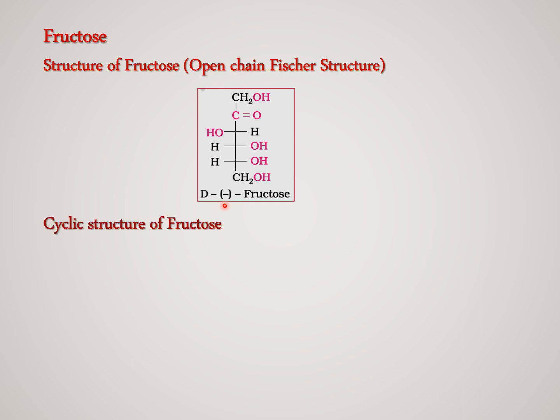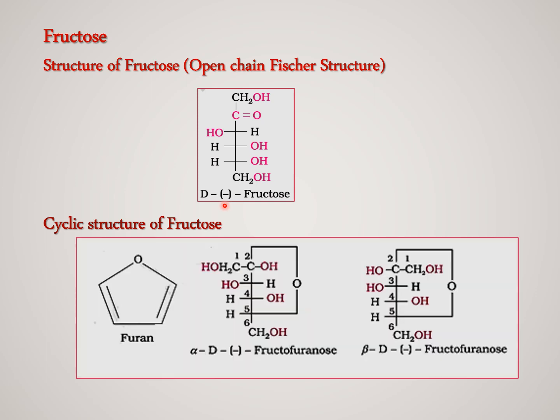Fructose is found to exist in 2 cyclic forms. The ring structure of fructose is based on the heterocyclic ring furan. Furan has 5 members in the ring.